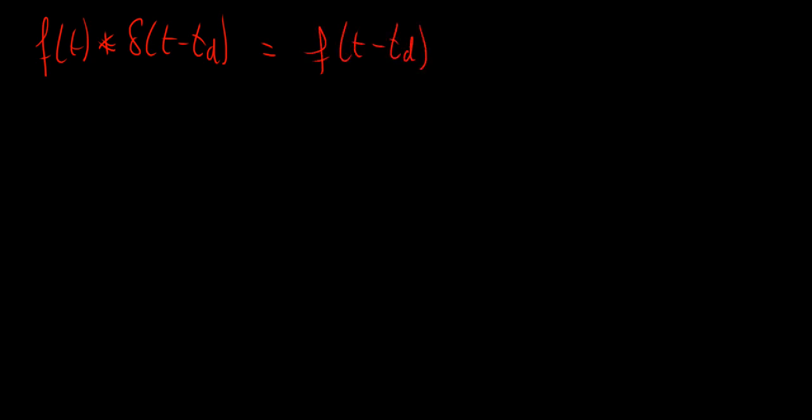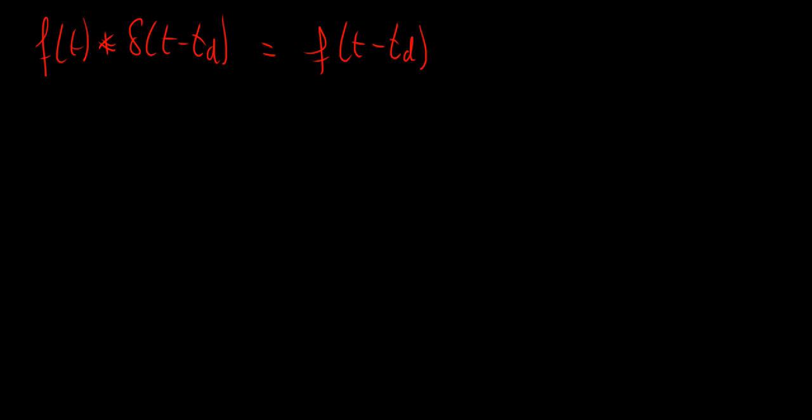One of the properties that we have is when we have a function convoluted with a delta function that is shifted a bit. Well, this results in our original function, which is shifted a bit. And if our time shift is 0, then of course we just get our original function back.